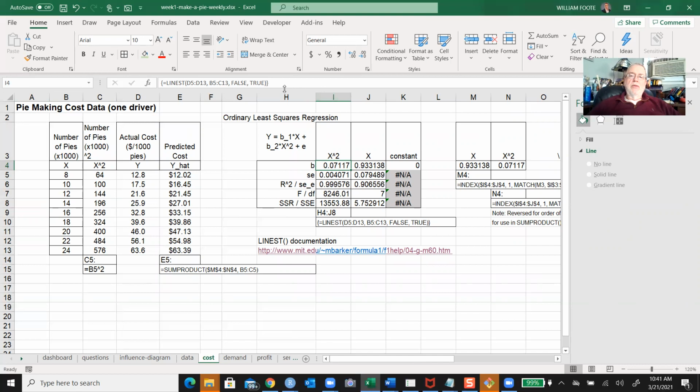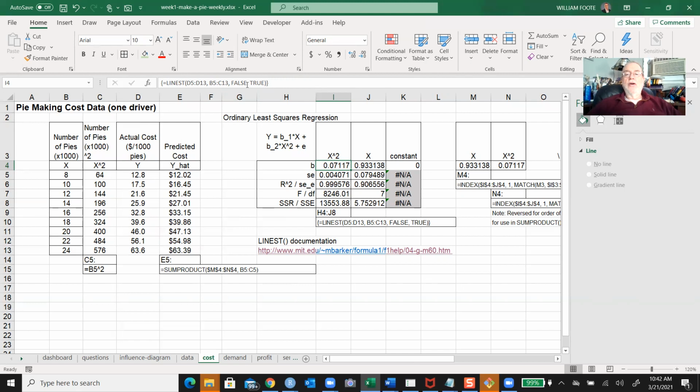You can see what's appearing here as I put my cursor into I4, LINEST, and it takes as its arguments the y first, and then the x's. It's taking two x's, column B and column C. It's taking both the 8 through 24 and the 84 through 576.